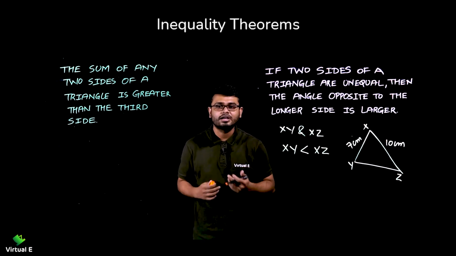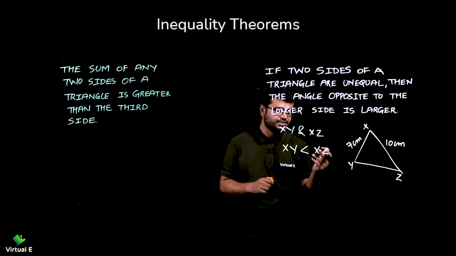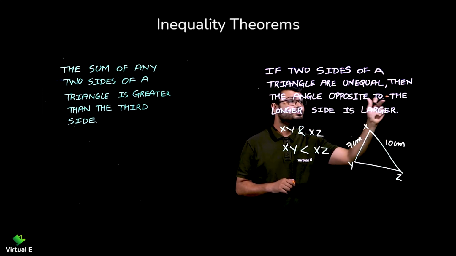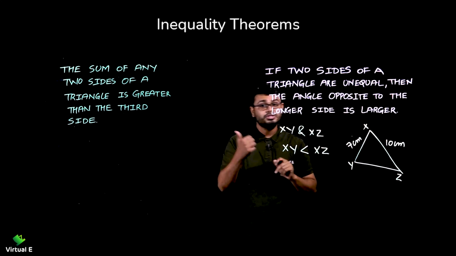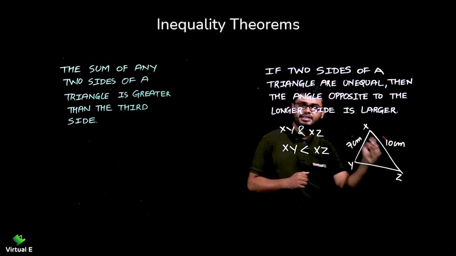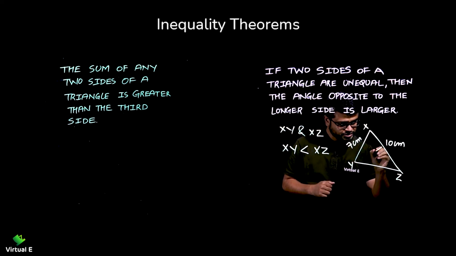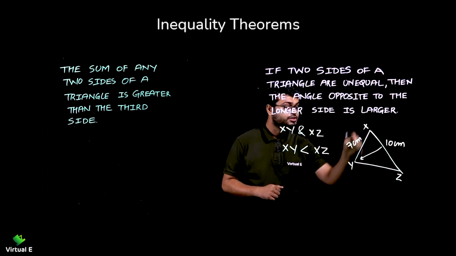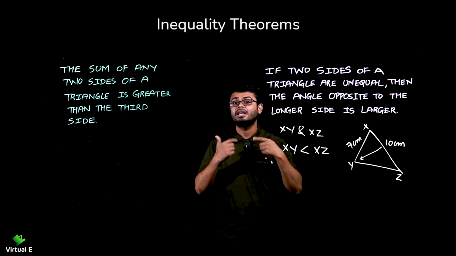Now what can we conclude from these sides about the angles? It's written, the angle opposite to the longer side. Now which is the longer? Longer is XZ. The angle opposite to that is angle Y. That is larger, means angle Y is larger.